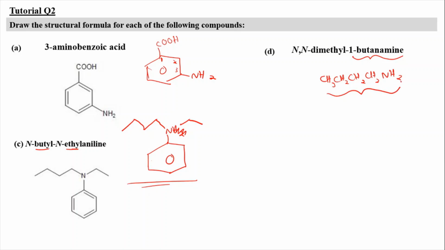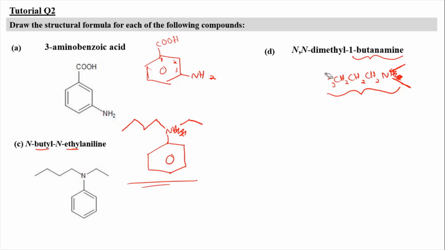But the hydrogens here are going to change. 2 of the hydrogens here are going to be changed into 2 methyl groups. So it's going to be N,N-dimethyl-1-butanamine. Okay, so your structure is going to look something like this.